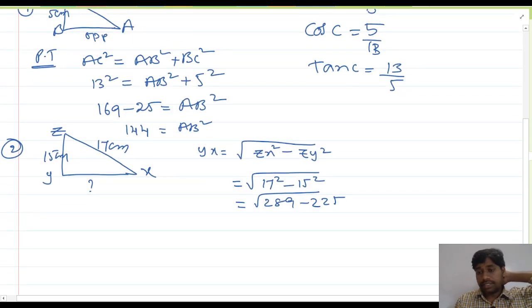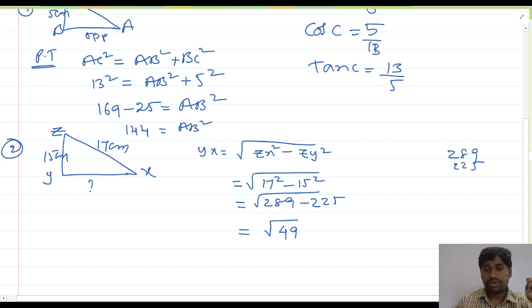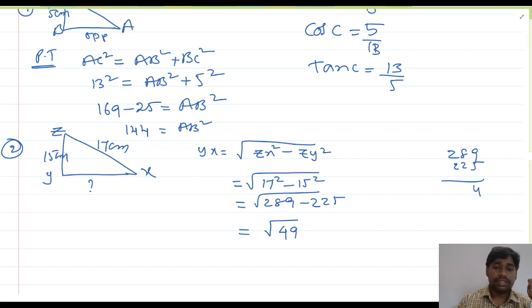If you subtract, we get the square root of 64. Sorry, it is not 49, it is 64 we are getting.